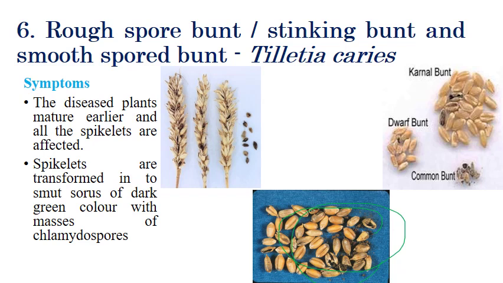The grains, or the spikelets which consist of grains, are transformed into black smut spores. This is the important symptom of spore bunt or stinking bunt.